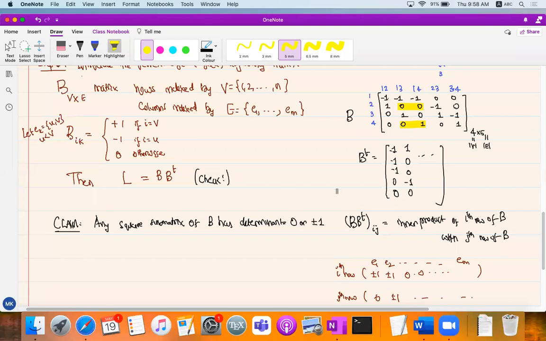So the claim is that it's not just for 2 by 2, but for any 3 by 3 as well. You take these 3 rows and maybe these columns, and then I get a 3 by 3 matrix like this: -1, -1, 0, 0, 0, 0, 0, 1, -1.